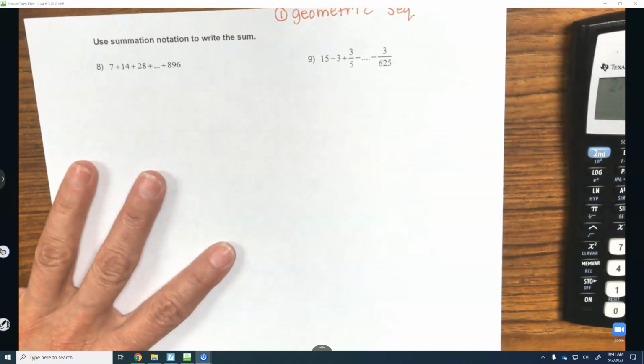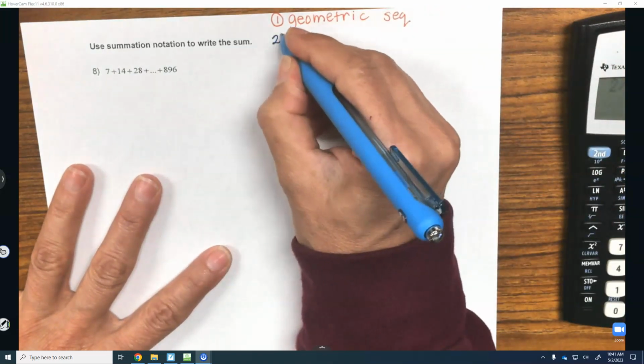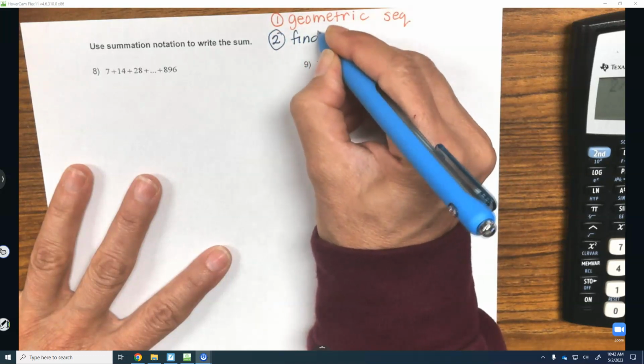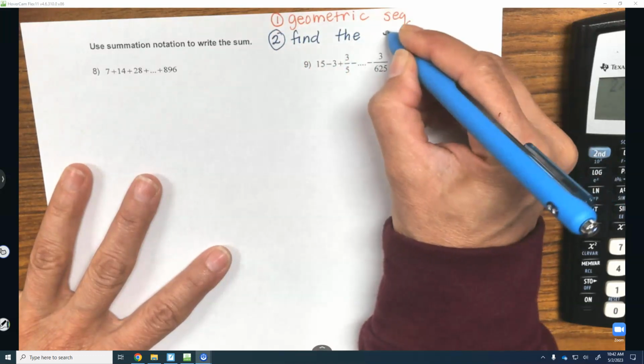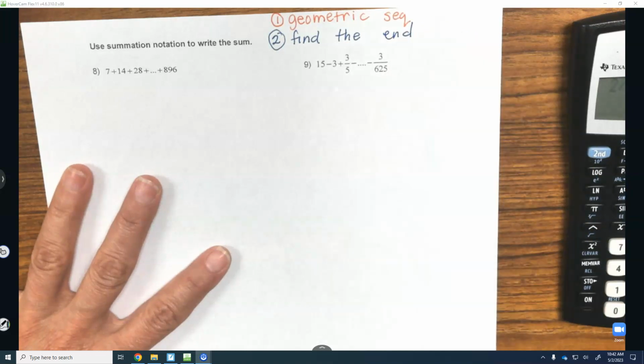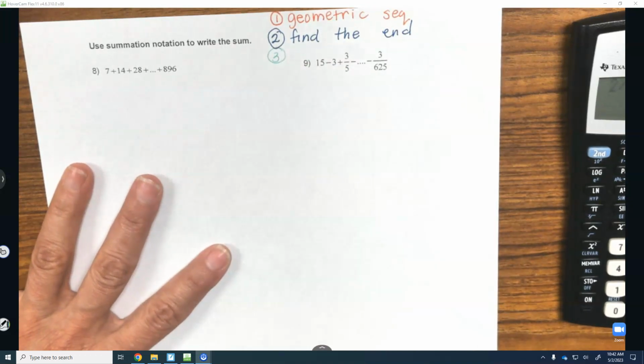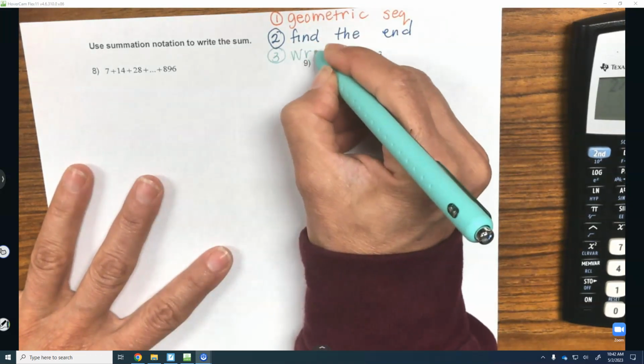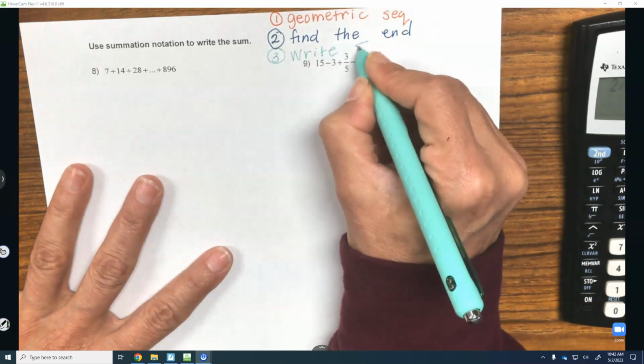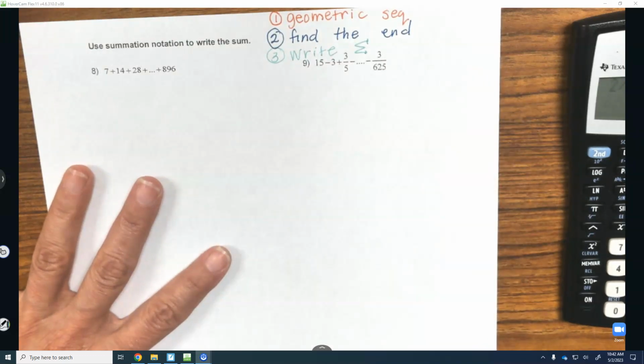After you find the geometric sequence, the next step is to find the end, and that'll make sense in a moment. And then the third step is just to write with sigma notation. And remember, sigma notation is that Greek-looking symbol that means to add everything up.